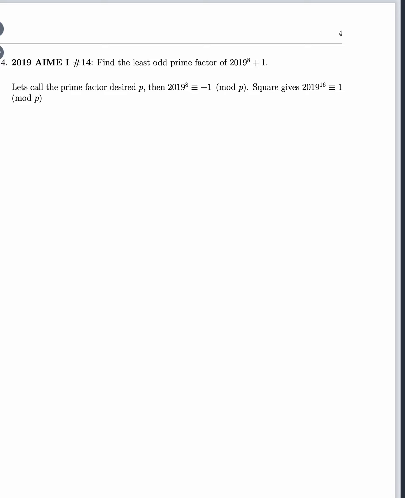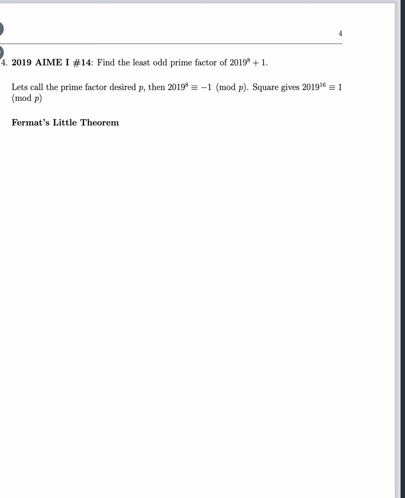And how does that help at all? Okay, so now we have to remember Fermat's little theorem. What does Fermat's little theorem tell us?